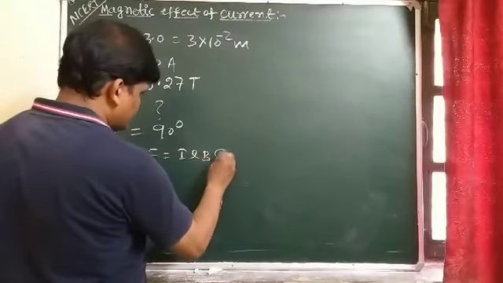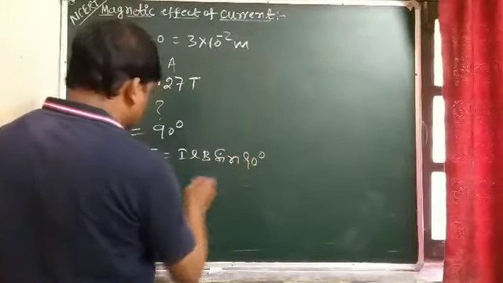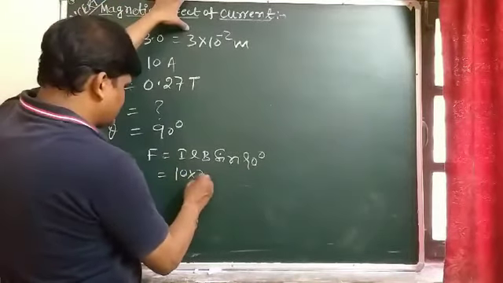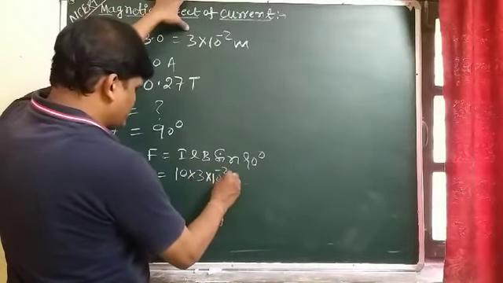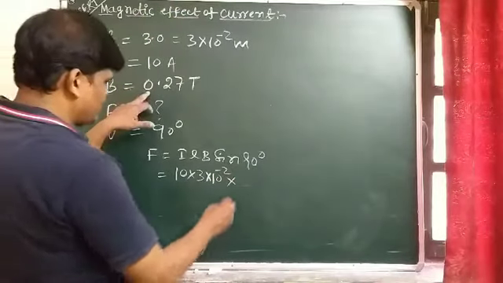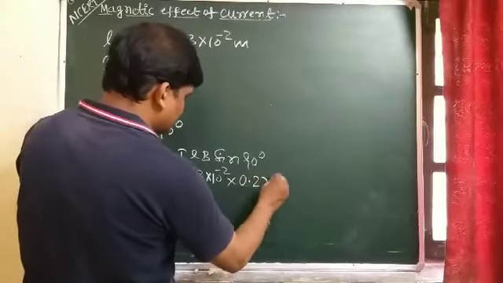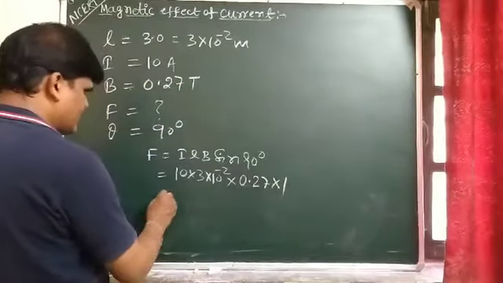I L B sin 90, and I is 10 ampere. Length is 3 into 10 to the power minus 2. And student, B, magnetic field, is 0.27. Sin 90 is 1.